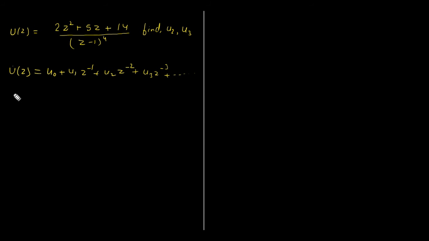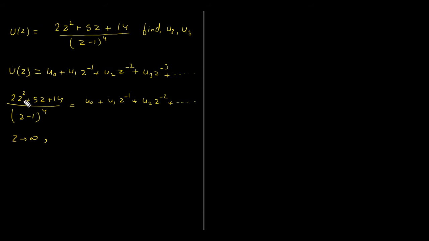So just put the value of U(z): (2z² + 5z + 14) upon (z − 1)⁴ is equal to u0 plus u1 z⁻¹ plus u2 z⁻² and so on. Just put the limit z tends to infinity.